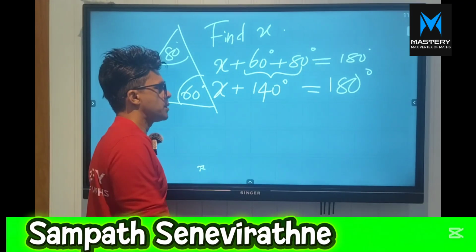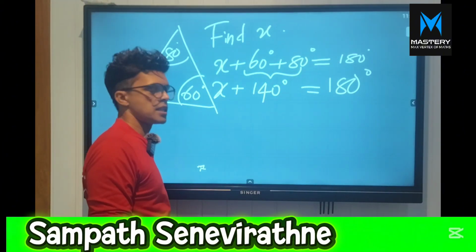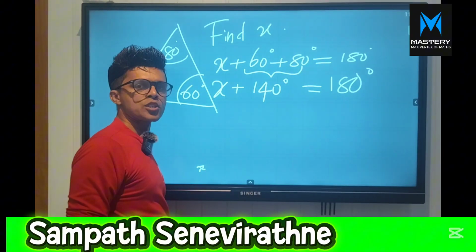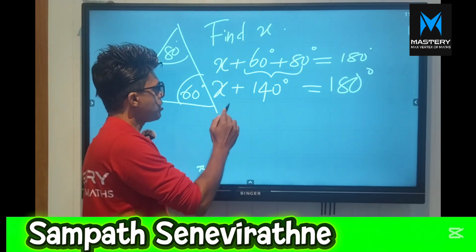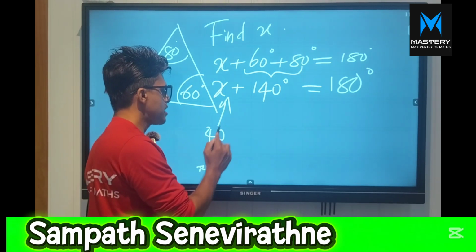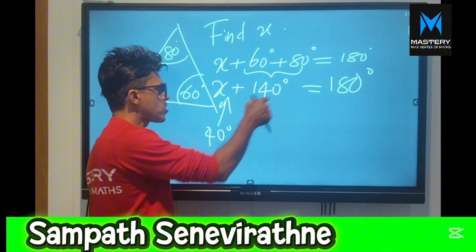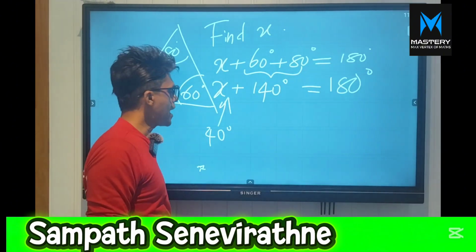Generally, we write equal signs in this way. From both sides, you could subtract 140. Then the value of x here is 40, and 40 plus 140 equals 180 degrees.